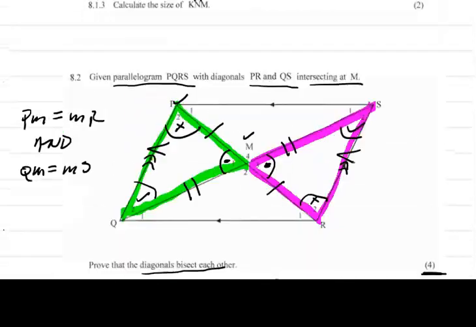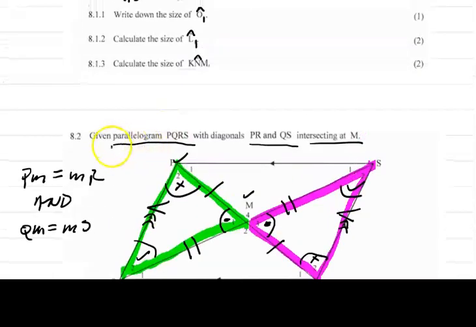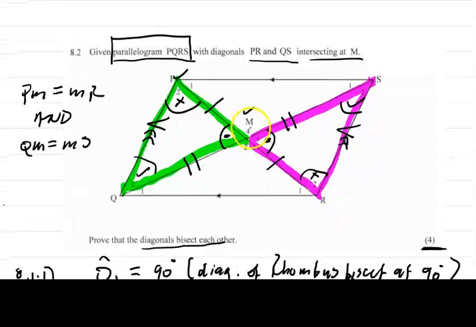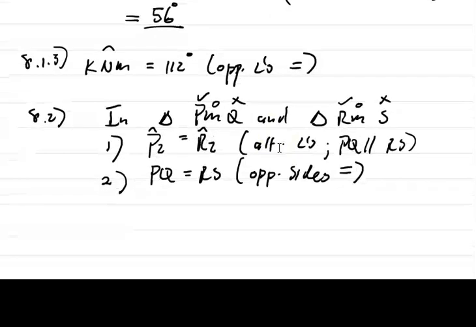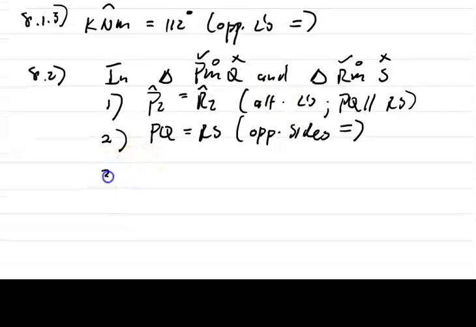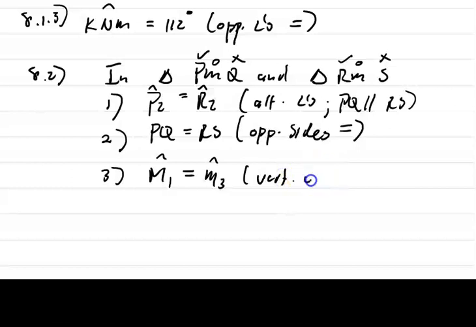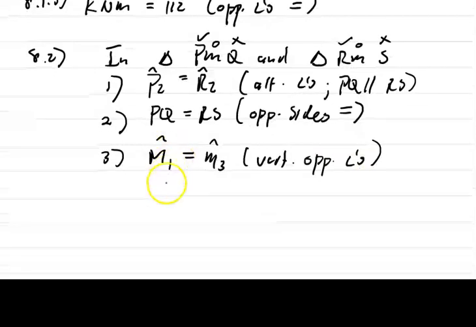Remember, because they told me that PQRS is a parallelogram. And then third statement, M1 equals M3, and that's going to be vertically opposite angles. Remember, vertically opposite angles are equal.